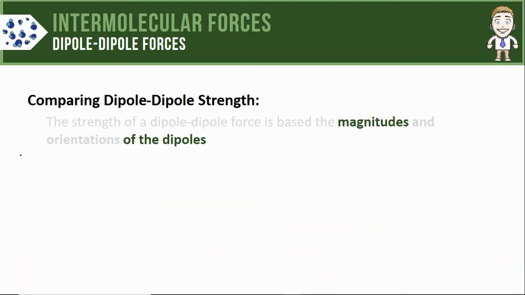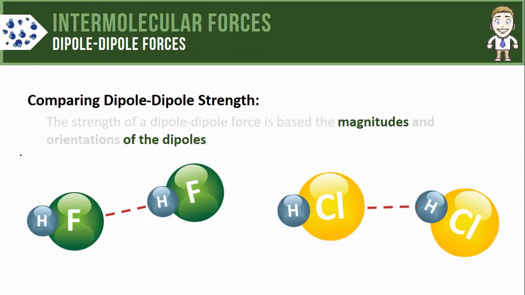Now let's take a look at what we mean by the magnitudes of the dipoles, and we'll do that by comparing the dipole-dipole force that would form between hydrogen fluoride molecules and hydrogen chloride molecules. So to do this, we have to start by comparing the electronegativities of the atoms to see just how polar these molecules are.